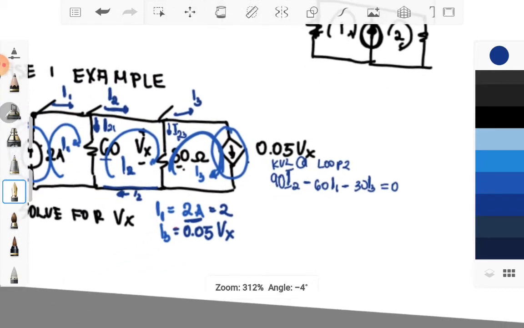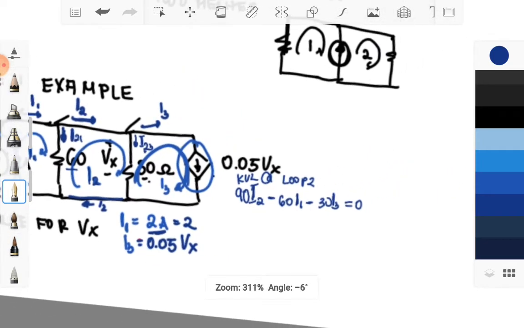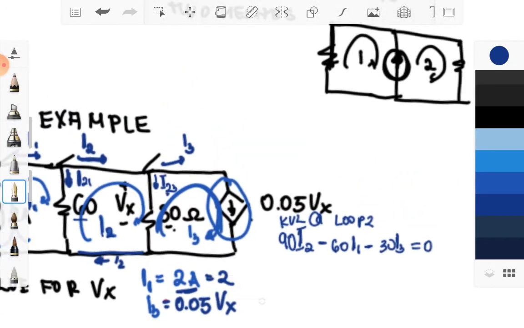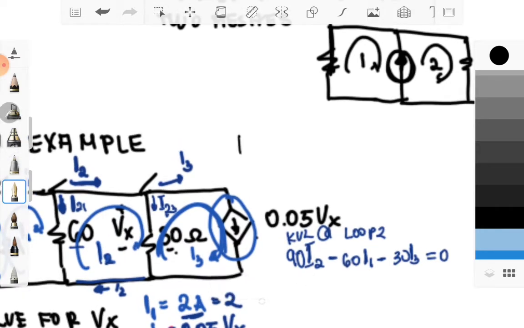Normally, pag gumawa ka ng KVL, sa normal equation, so papakita ko lang sa inyo is that meron kang V60, positive V60 plus Vx.